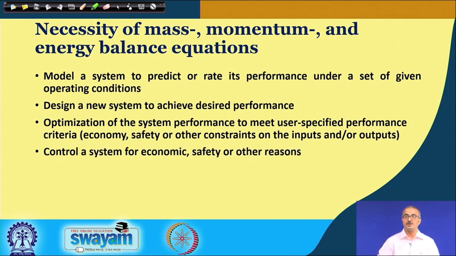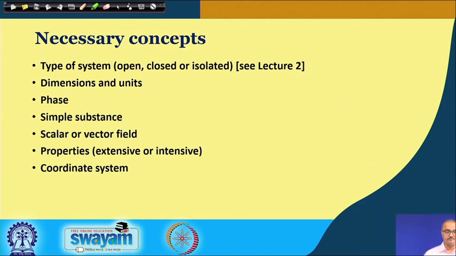And lastly, for control of a system, because whenever we are operating any kind of system, we always see to it that the operation remains under some particular domain of operating conditions. It should not be allowed to go haywire. So, we see how to control the systems, and this control strategy is based often on the model equations which gives the performance of the particular system.